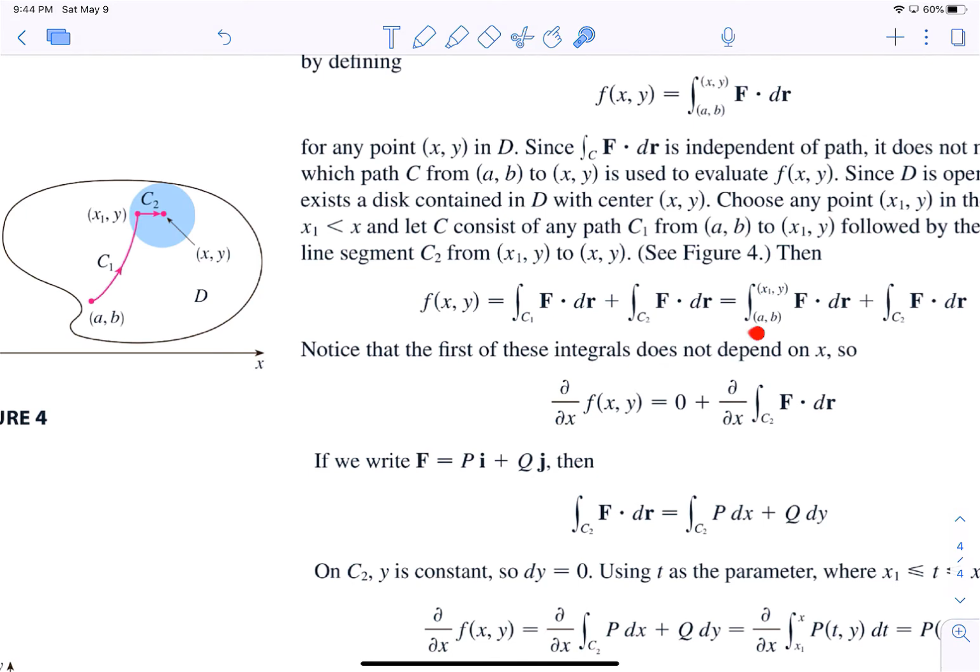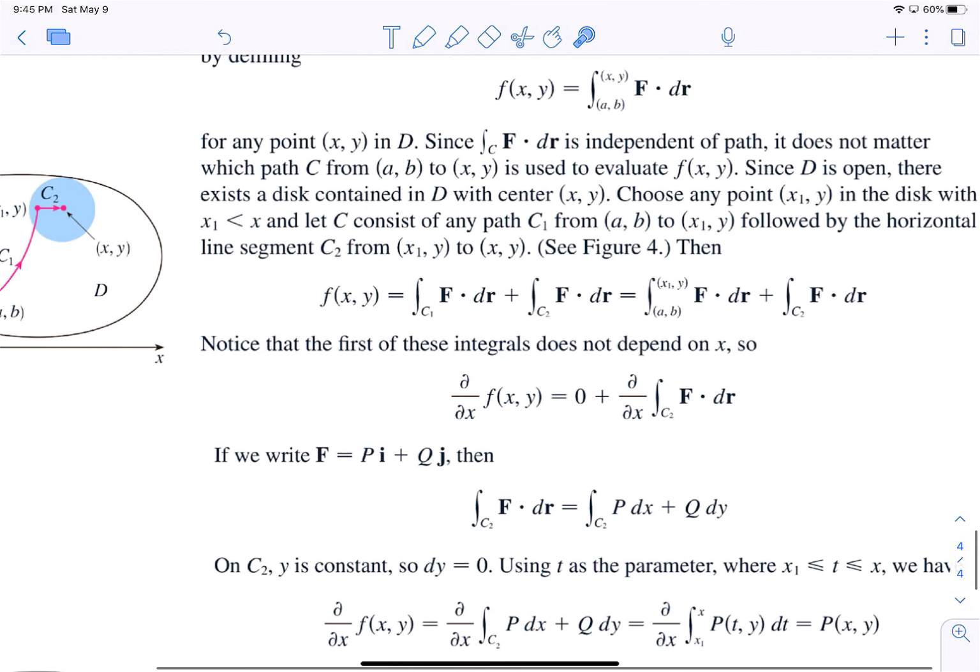And in evaluating this integral, since a, b, and x1 are constants, the only variable is y, and so we see the first of these integrals, that's this one here, doesn't depend on x, and so the partial with respect to x of f of xy gives us a 0 for that integral. And then for the second integral, we get the partial with respect to x of the line integral over C2 of F dot dr.